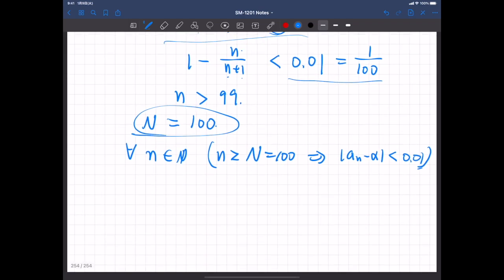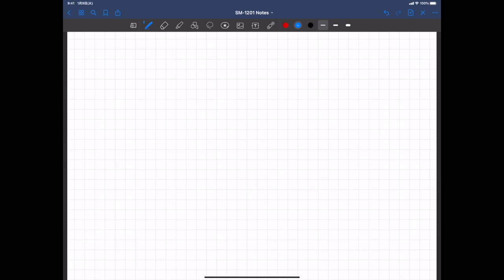Let's see another example. In this case, let us prove that the limit of 1 over n converges to 0. So let's pick any epsilon, a positive real number.